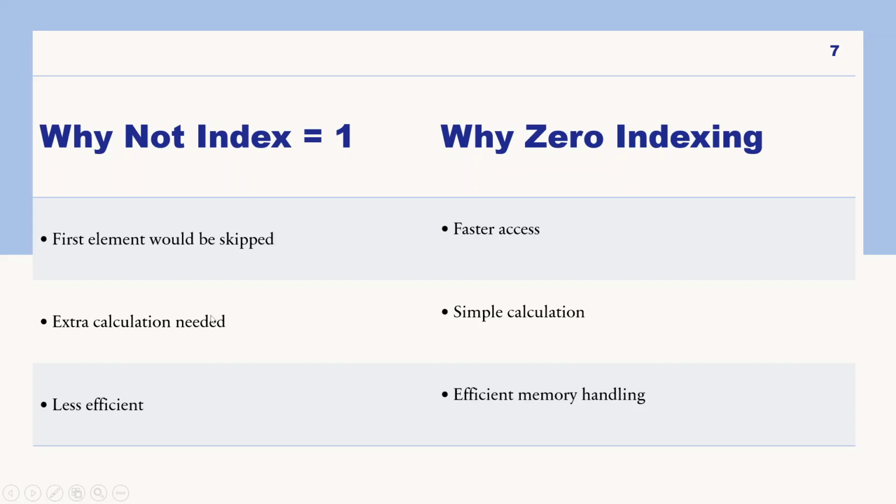So starting from 0 makes access faster, gives simpler calculation and is more efficient to handle. And why not index from 1? Because the first element will be skipped. We need extra calculation to get the correct address of an index position, which is less efficient.